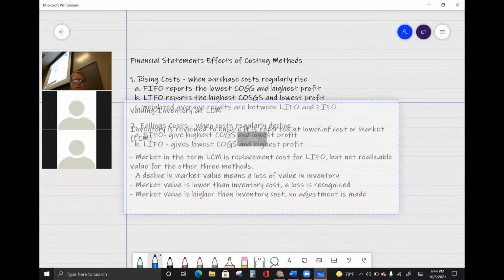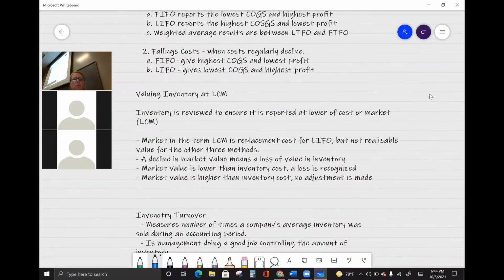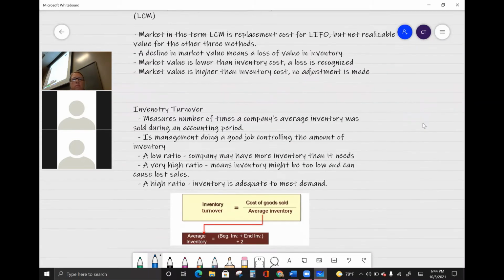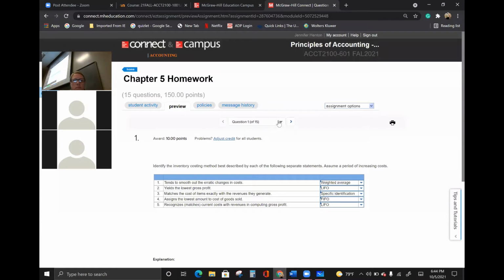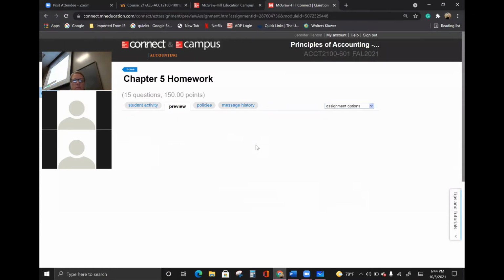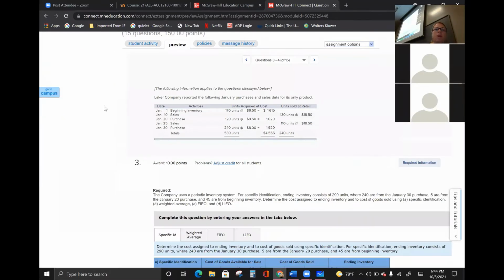So we're going to do number 3. All right, so we have a chart and it's telling us that we have January 1, beginning inventory.